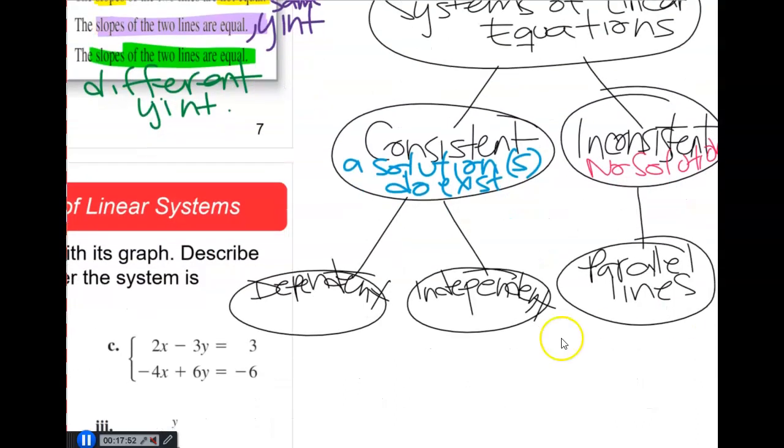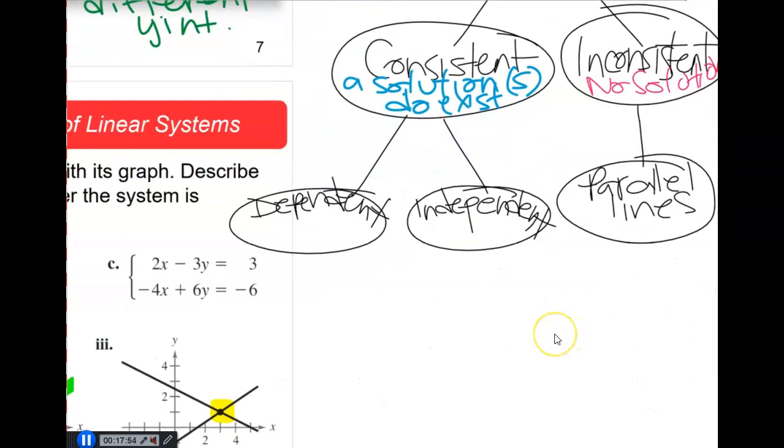Dependent is going to have infinitely many solutions.